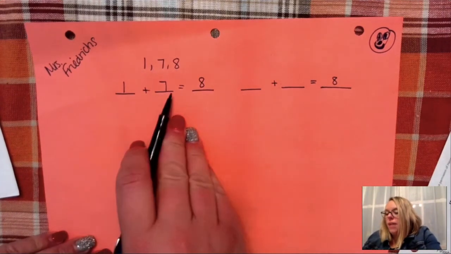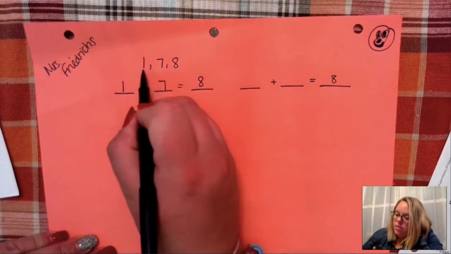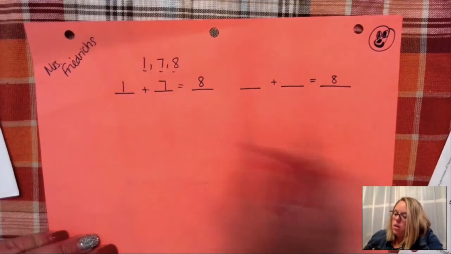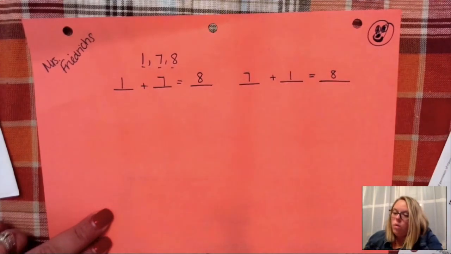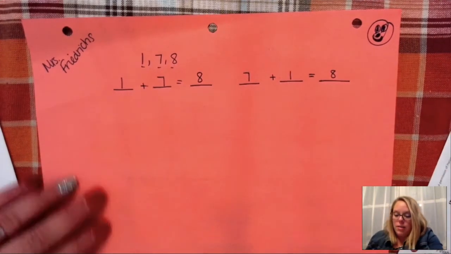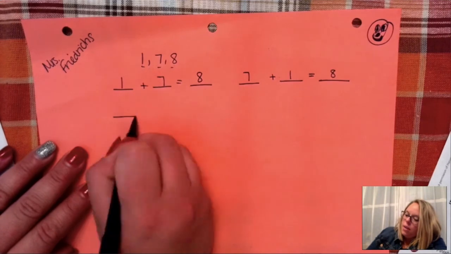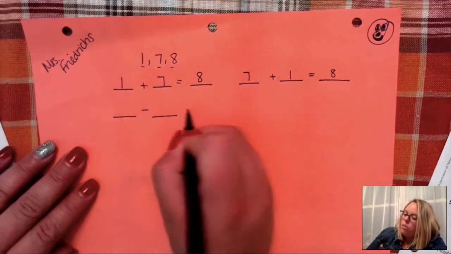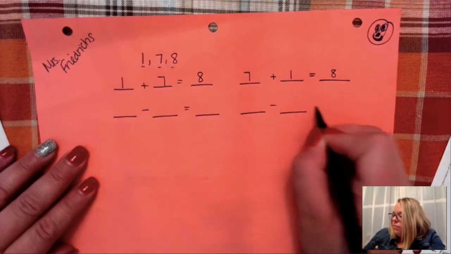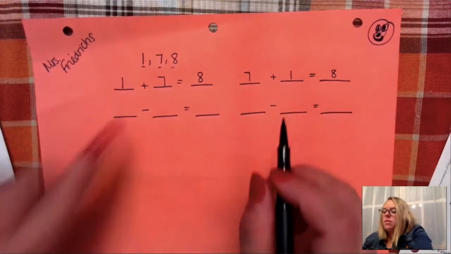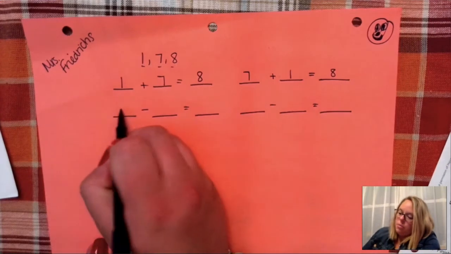1 plus 7 equals 8, because these are the numbers we're using, 1, 7, and 8. Now that I've already started with the 1, I'm going to start with 7. 7 plus 1 equals 8. And now I need to make 2 subtraction problems. Remember, for subtraction, I'm starting with my biggest number.